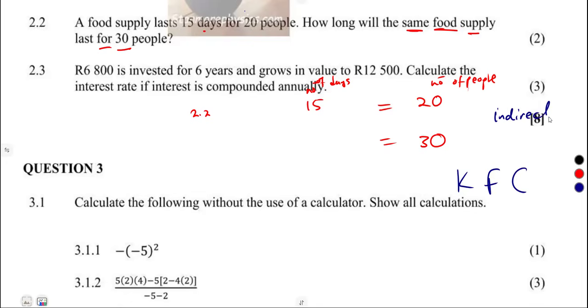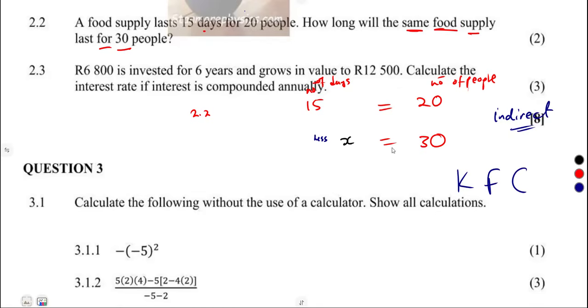This is indirect, because this is going to be less. It was supposed to be more. The bigger value here was supposed to give us a bigger value. That is direct. But if we've got a bigger value, and what you're supposed to calculate is less compared to what you're given here, then it is indirect. So let's say this is X.